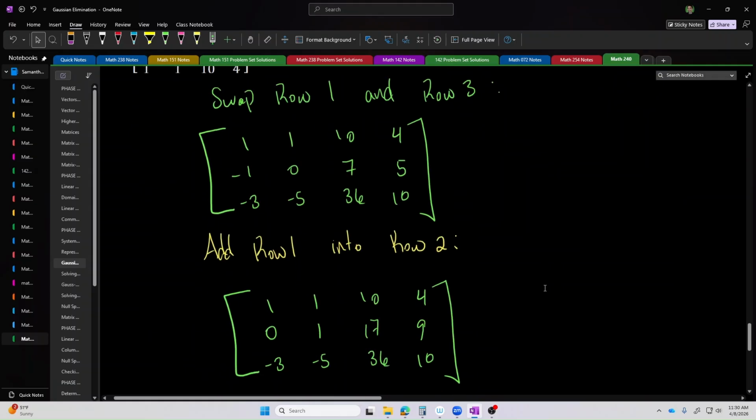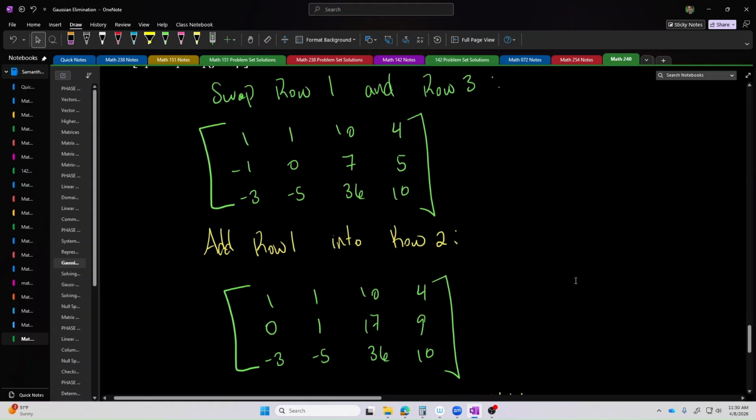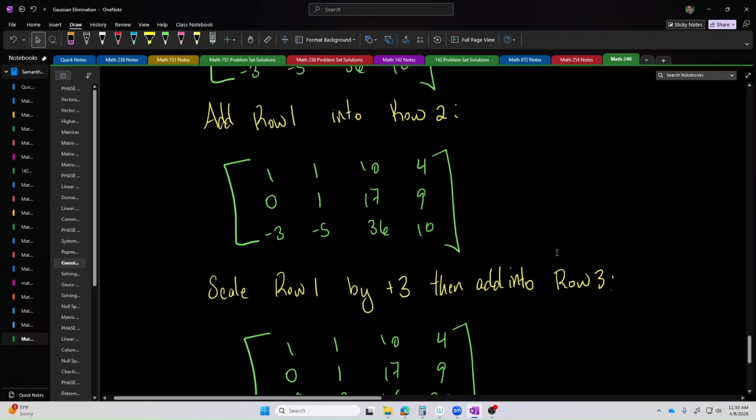And so this is not really something that we want to be doing by hand very often. Now, with that said, I don't necessarily want you to have to buy a graphing calculator if you don't have one already, because I do know that they can be expensive. So for the purposes of computation tests, in-class tests, I will give you matrices that are relatively small and easy to work with so that you can do Gaussian elimination by hand if you cannot afford to buy a graphing calculator.